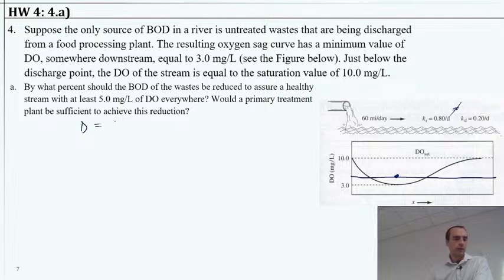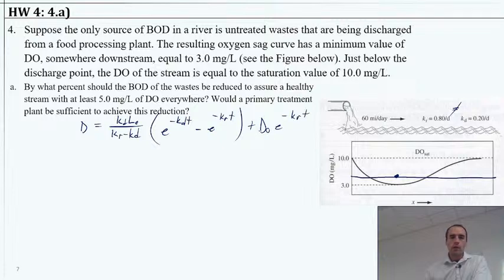the deficit is equal to Kd L naught divided by Kr minus Kd, times this term here, e to the minus kdt, minus e to the negative krt. All that plus the initial deficit, which turns out to be 0, times e to the minus krt.